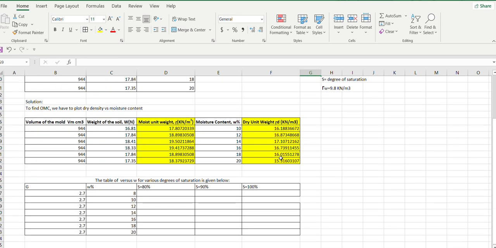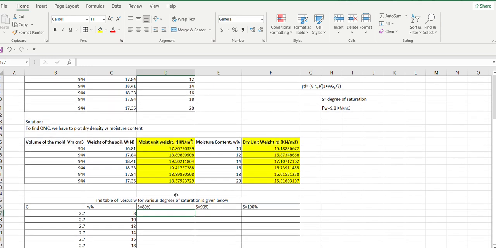So here for 80% saturation, we have to use this formula.